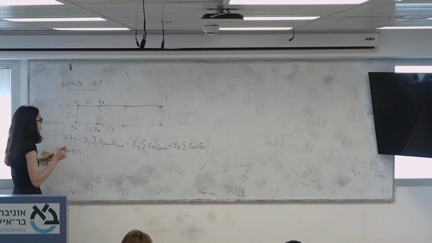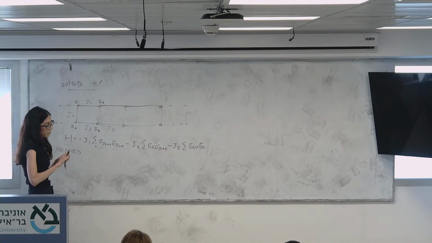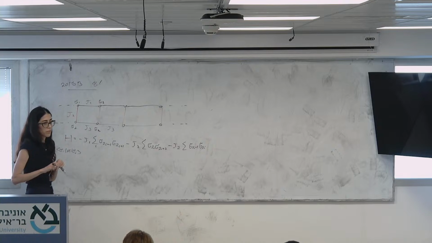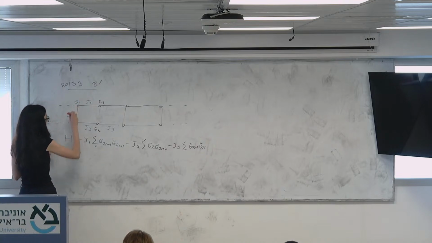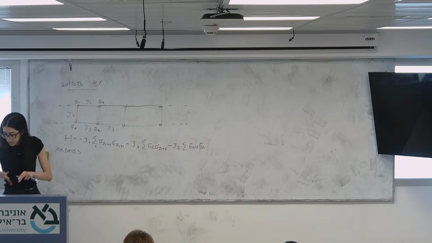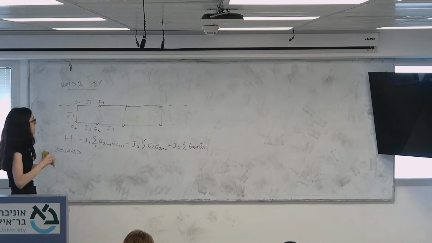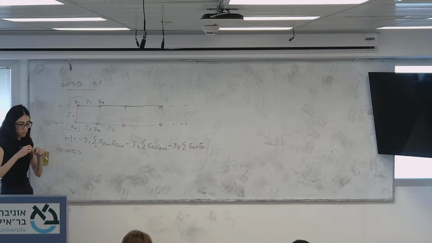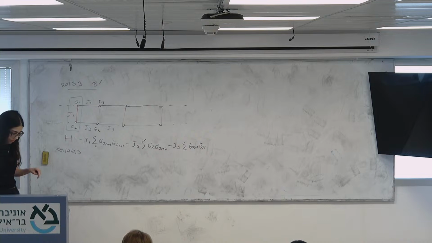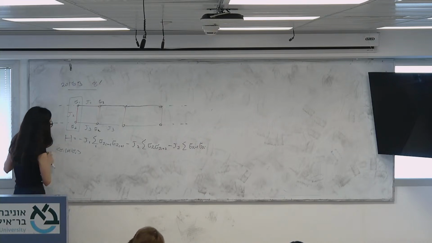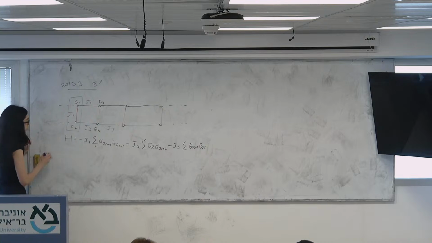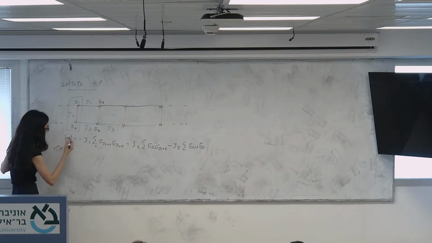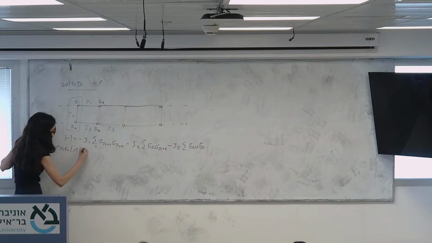So we define a block by two spins. One state will be defined by, for example, sigma 1 and sigma 2, and then we have the transfer matrix, and then we have sigma 3 and sigma 4.